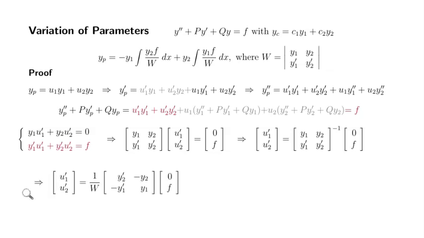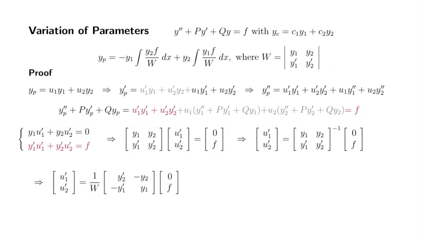The determinant of this matrix is exactly the same thing as the Wronskian of y1 and y2. So it's going to be 1 over the Wronskian. I'm going to switch y1 and y2 prime, so y2 prime goes up here, y1, and then put a negative sign on those: negative y2 and negative y1 prime, and then 0 and f.